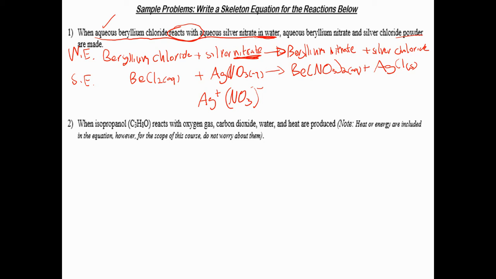So here's another example we'll do. When isopropanol reacts with oxygen gas, carbon dioxide, water, and heat are produced. So let's write out a word equation first. So we have isopropanol reacting with oxygen.